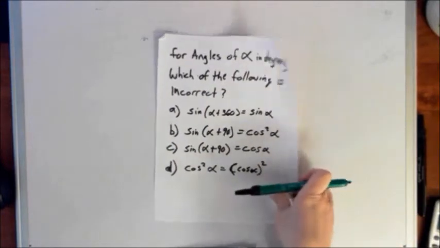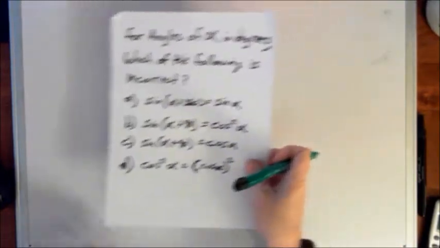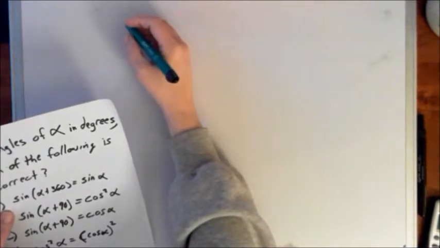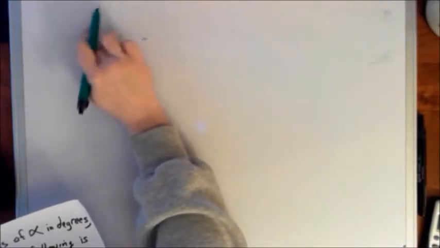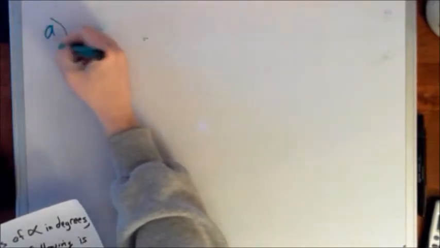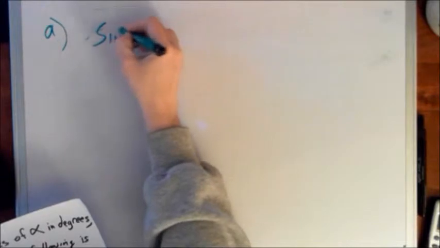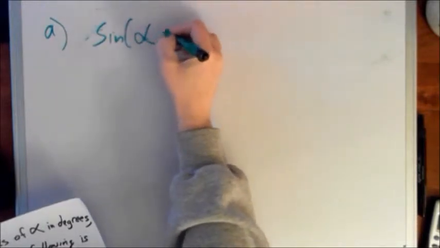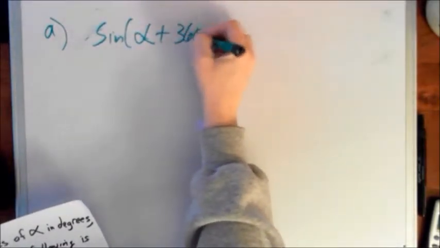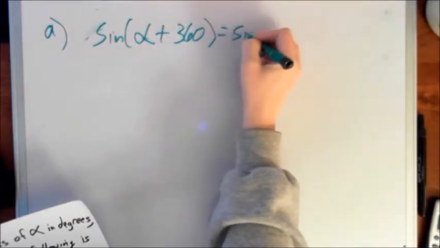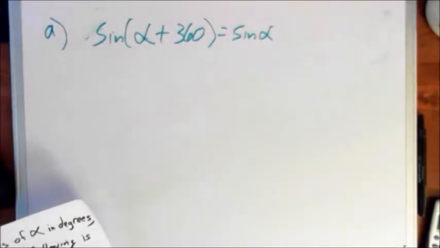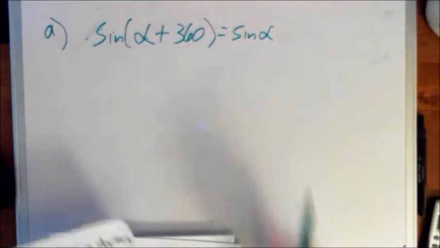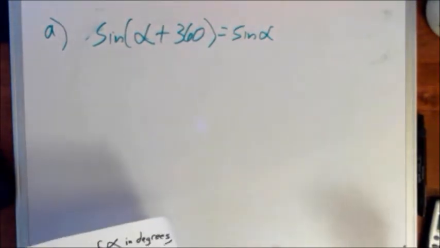So let's look at the first one here, I'll just rewrite it up in the corner. A was sine alpha plus 360 degrees is equal to sine alpha. So we want to evaluate this to find out if it's correct or incorrect.